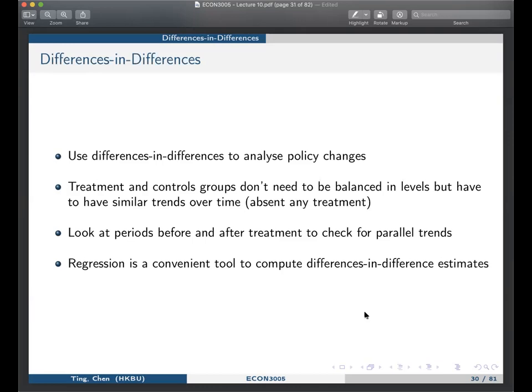The best way to check this assumption is by graphing the data and checking it visually. Also, the regression is a convenient tool to compute a difference-in-differences estimate. Using the regression framework, instead of just taking the formula of the mean difference, has a lot of advantages, and we will see those advantages in the next section.